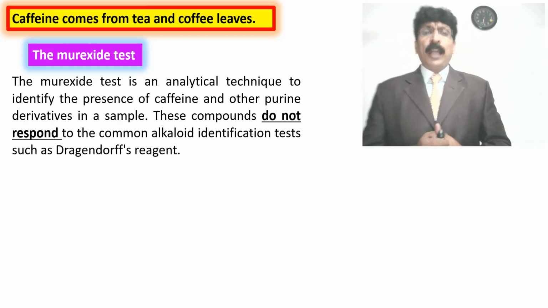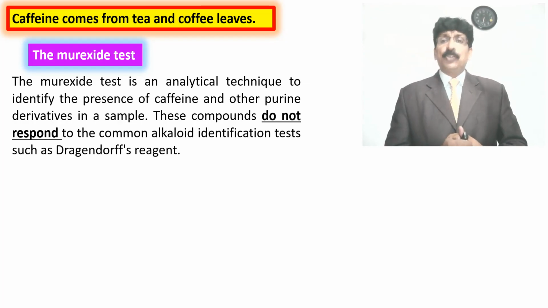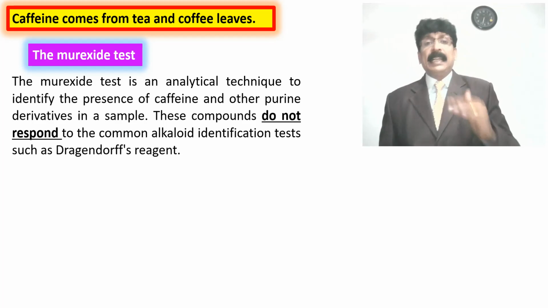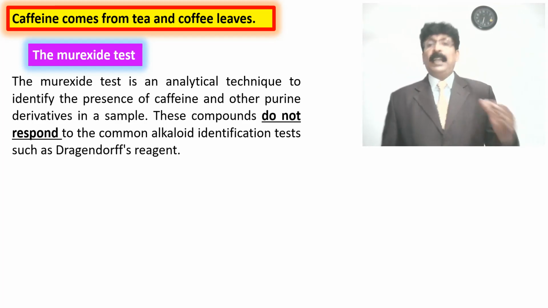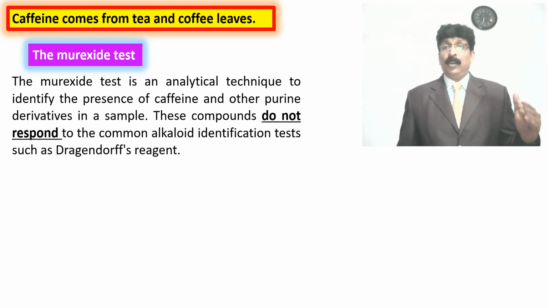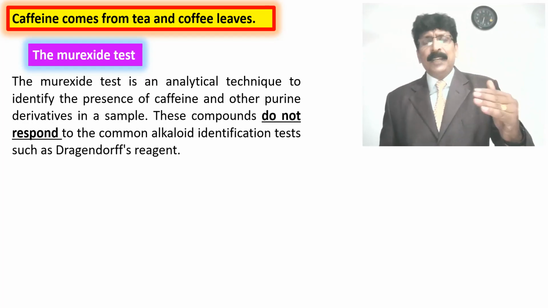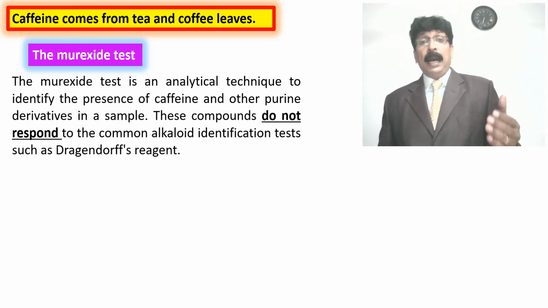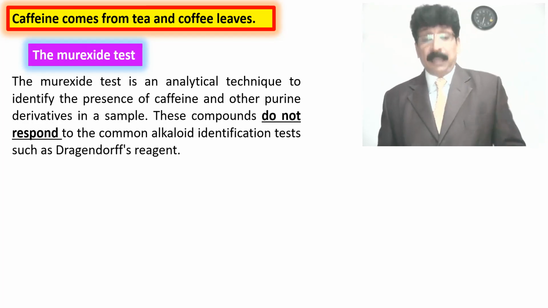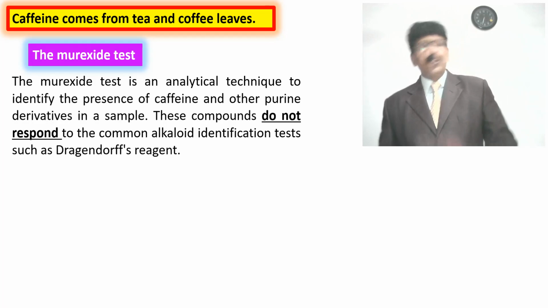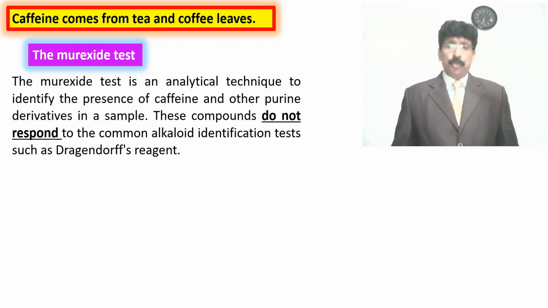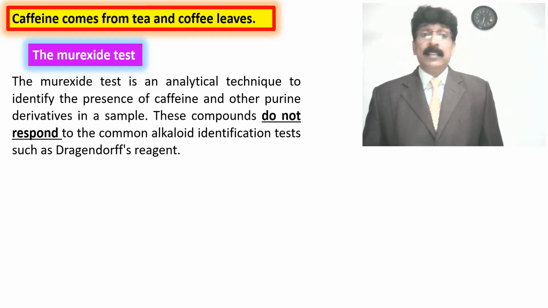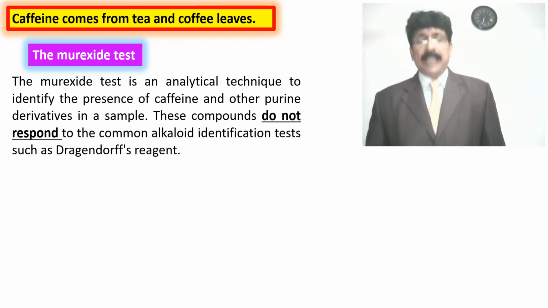So caffeine should have a specific test, and so they prepared this murexide test. The murexide test is an analytical technique to identify the presence of caffeine, which is a xanthine derivative, or you can say a purine alkaloid, and other purine derivatives in a sample. These compounds do not respond to common alkaloid identification tests such as Dragendorff's reagent, Wagner's reagent or Mayer's reagent.